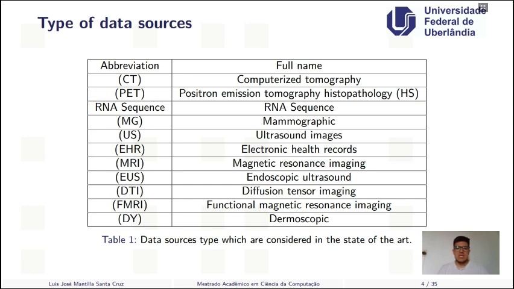For example, CT means computerized tomography, PET, positron emission tomography, RNA, basically RNA sequence, MG mammography, US ultrasound images, EHR, electronic health records, MRI, magnetic resonance images, EUS, endoscopy ultrasound, DTI, diffusion tensor imaging, fMRI, functional magnetic resonance imaging, and DE, dermoscopy.